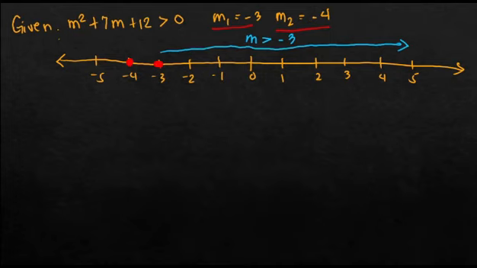Kung ano yung nasa kanan ng number line na na-plot natin, yun yung ititreat natin to the right. And the interval will always be greater than, ano man yung variable, m is greater than, and then yung pinagmulan ng plotting natin, that is negative 3. Yan yung bahagi papuntang kanan.